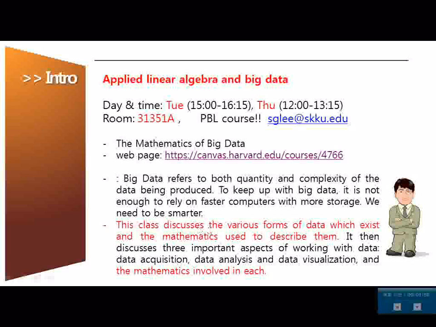In this class, we will discuss the various forms of data which exist and the mathematics used to describe them. Then we discuss three important aspects of working with data, including data acquisition, data analysis, and data visualization, and the mathematics involved in each.